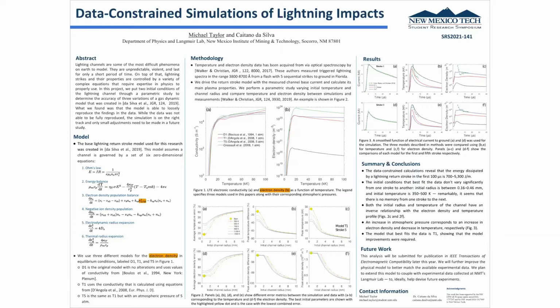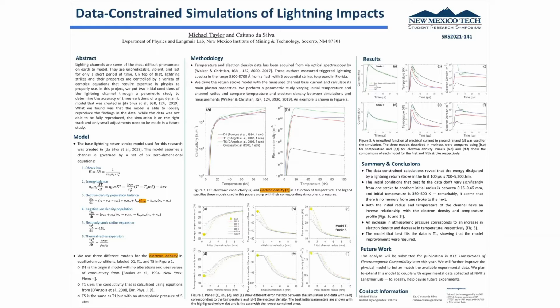We took the data that we got from optical spectroscopy through this paper by Walker and Christian. It had 5 separate lightning strokes, and we looked at the return strokes for that. It was in Florida.